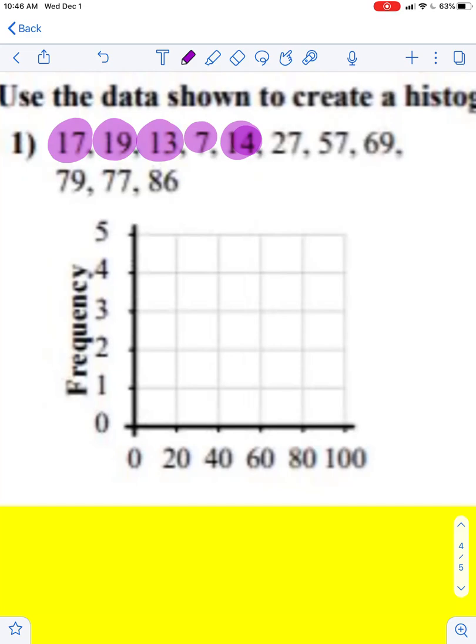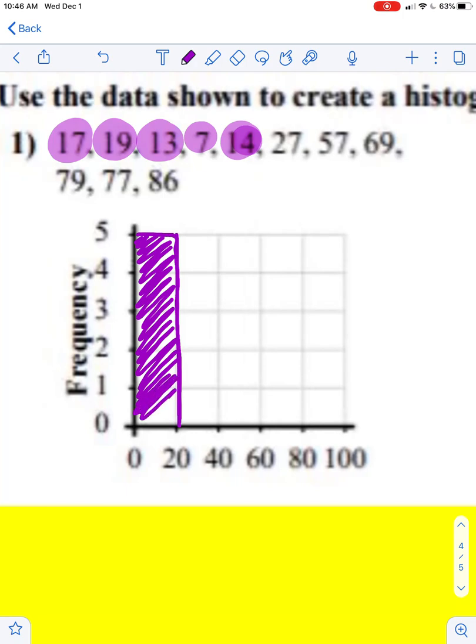So I've got 1, 2, 3, 4, 5 numbers that go in that range. So my tower from 0 to 20 is going to go all the way up to 5. And then you want to shade that in. You can just do squiggles in it like this. It doesn't have to be perfectly colored in, but you need to shade it in.